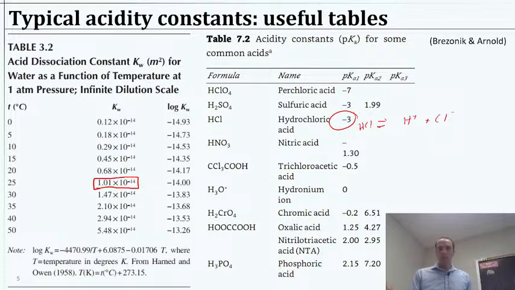Okay, so a bunch of acids there we can take a look at, and some of them we would call diprotic or even triprotic. You could even call the ones like HCl monoprotic, just meaning one proton, or 2 for diprotic, right? So those are fancy terms we can use if we'd like to.